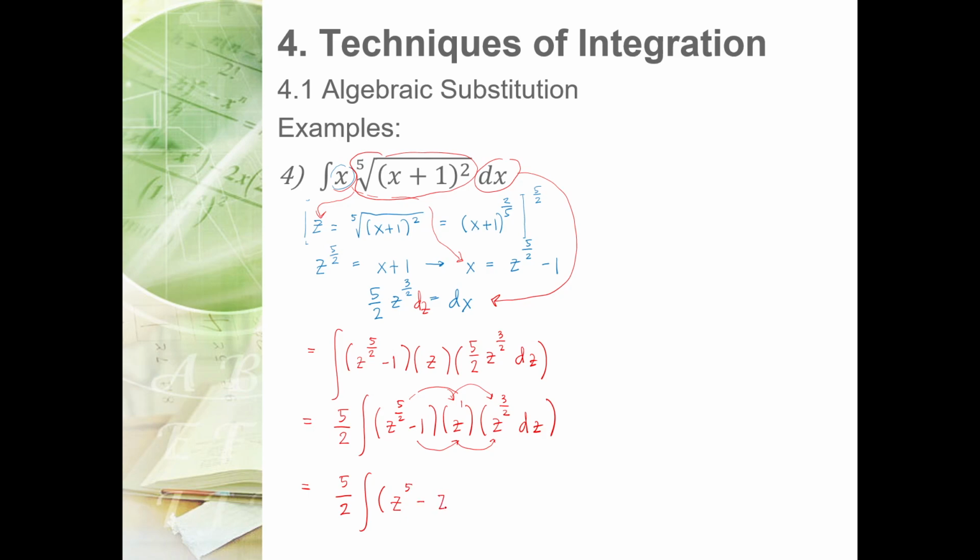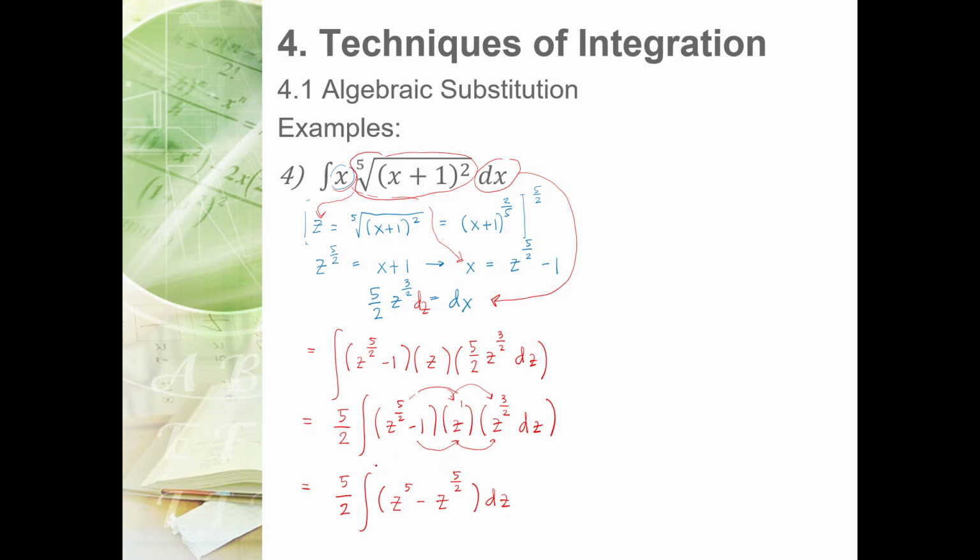Then this would give us z to the power of 5 halves dz. So just try to figure out what I did here. I just added the exponents. So 5 halves plus 1 plus 3 halves is 10 over 2, so 10 divided by 2 is 5. Negative 1 times z to the power of 3 halves would be negative z to the power of 5 over 2, because 1 plus 3 halves is 5 halves, right?